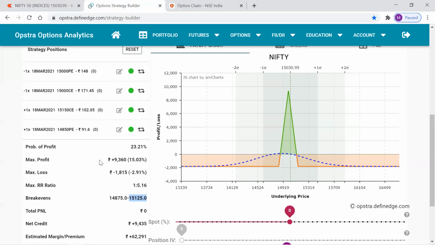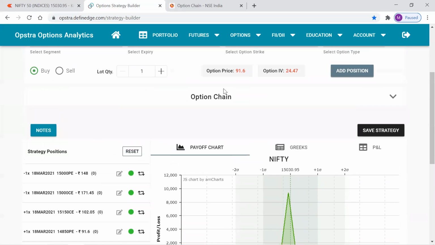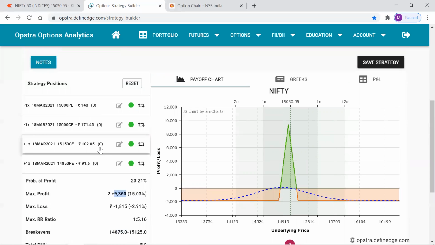So depending upon your risk, how much money you want to make, and the market, select these strikes for hedging. You can add these two premiums and divide by 2, then add the result to 15,000 and buy that call, and subtract the result from 15,000 and buy that put.